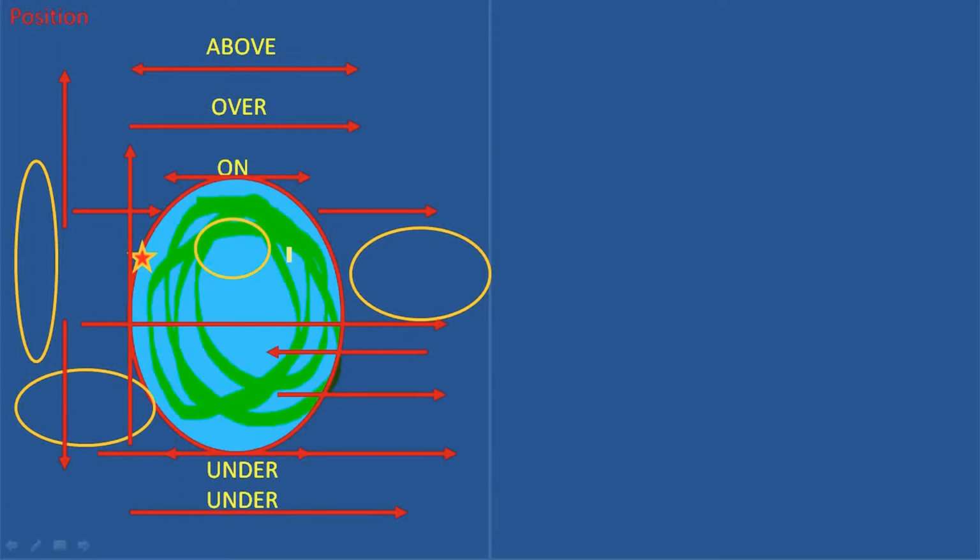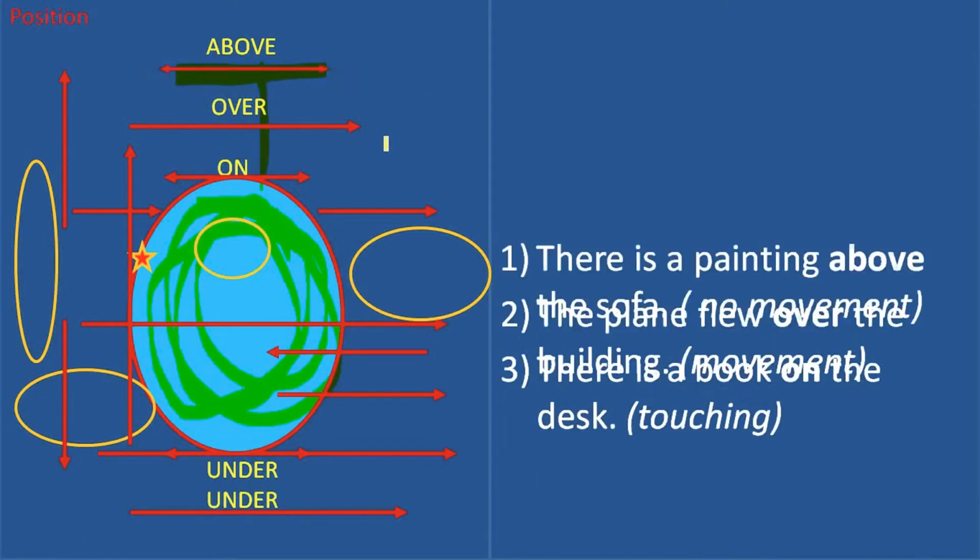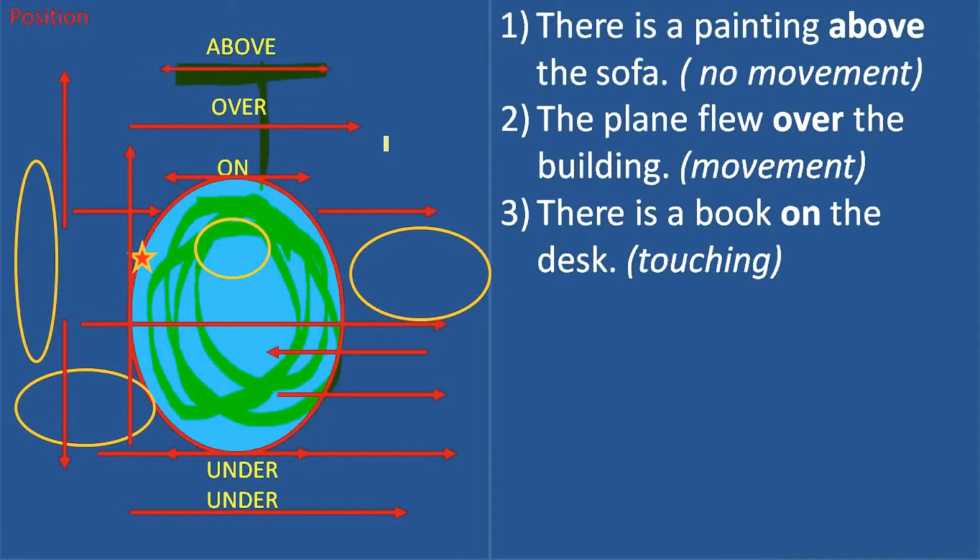I will discuss the position taking it as standard. But attention, if something is staying up something, maintaining some gap, that time we will use above. Clear? For example, there is a painting above the sofa.